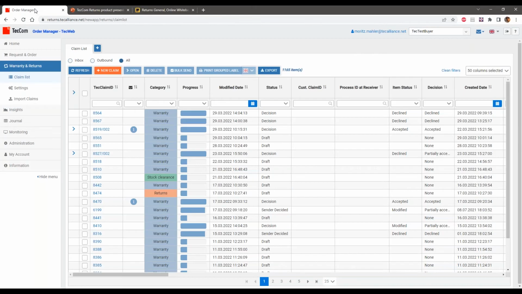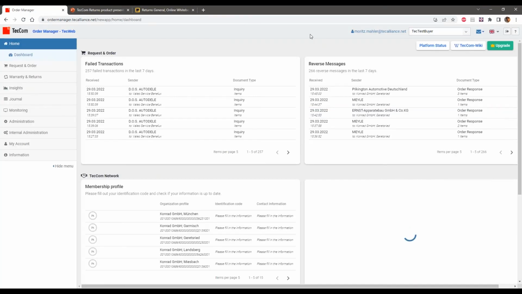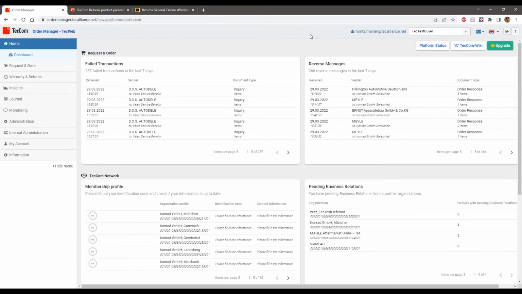I will switch over to our application. So this is the order manager. The order manager is a TecAlliance product, a TecCom product, which means this is the successor of the old TecLocal. TecLocal was an installed piece of software which allowed the traders to order at their suppliers.